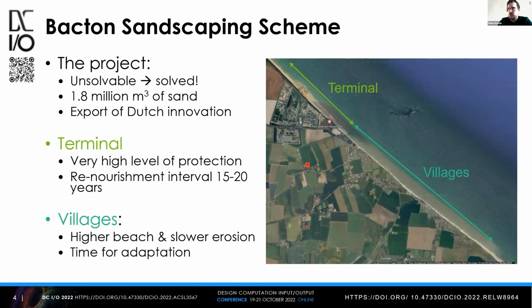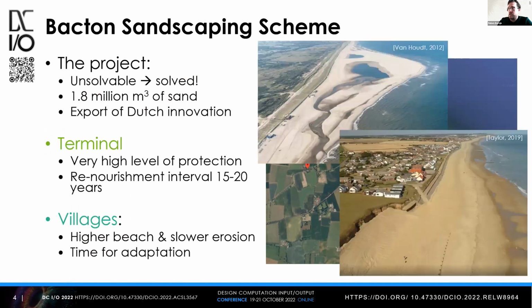And so in the end, we ended up placing 1.8 million cubic meters of sand on the beach. That is, if you imagine, more than a Wembley Stadium filled with sand. And we exported actually a Dutch innovation. You can see it in the upper image. That is the Zandmotor in the Netherlands.